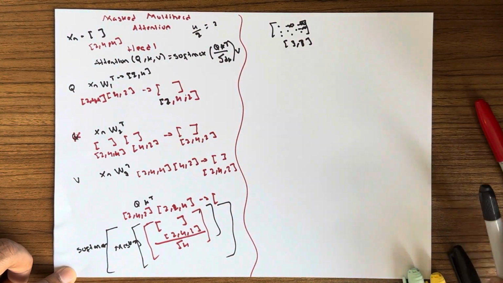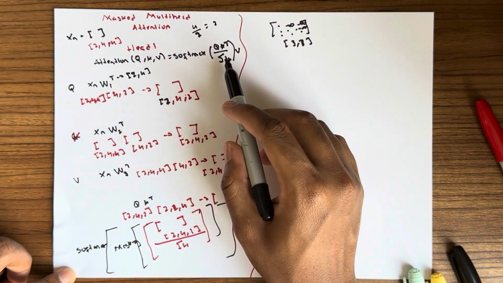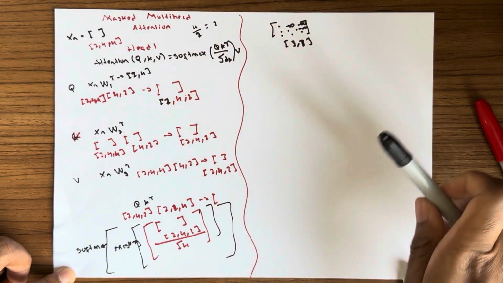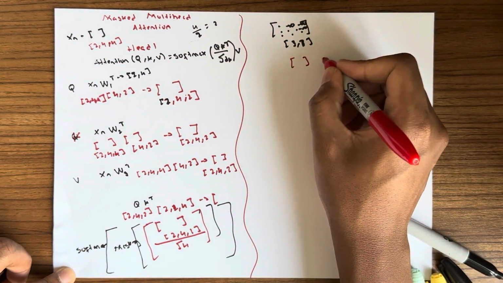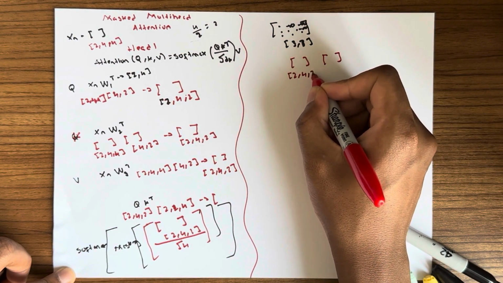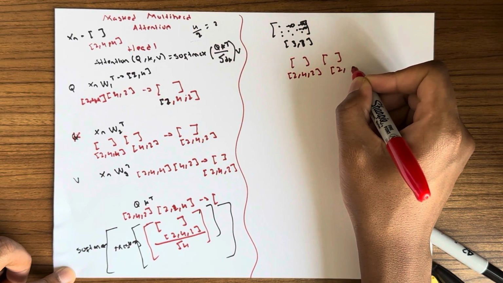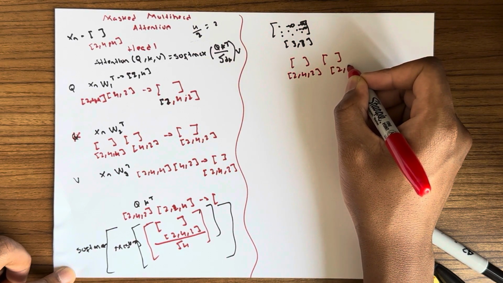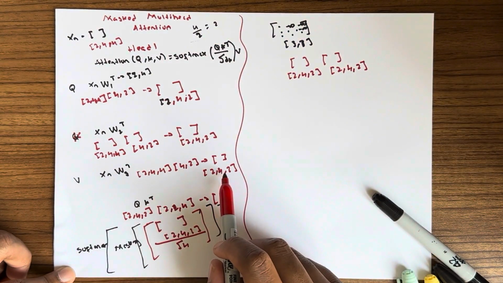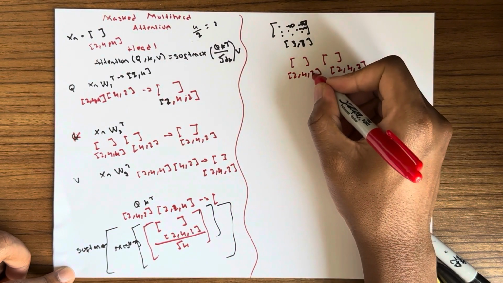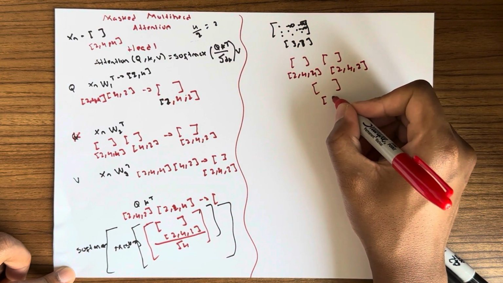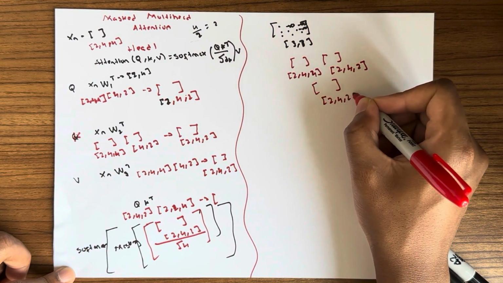So what we need to do is take this output and multiply it by V. V has a dimension of 2 by 4 by 2, isn't it? So this is 4. We'll end up with a tensor of 2 by 4 by 2.